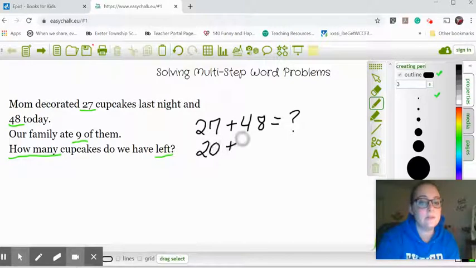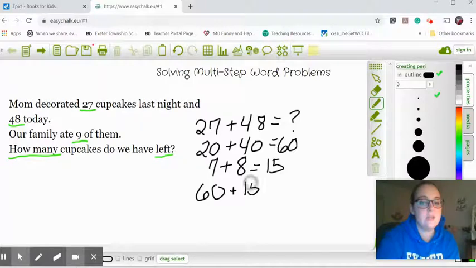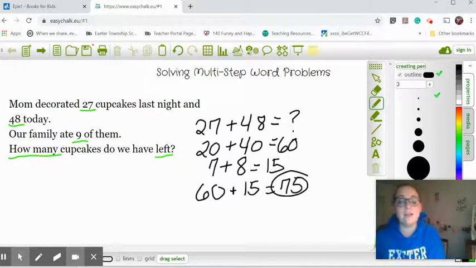So 20 plus 40 equals 60. And 7 plus 8 equals 15. 60 plus 15 equals 75. So I know that we had 75 cupcakes to start with.